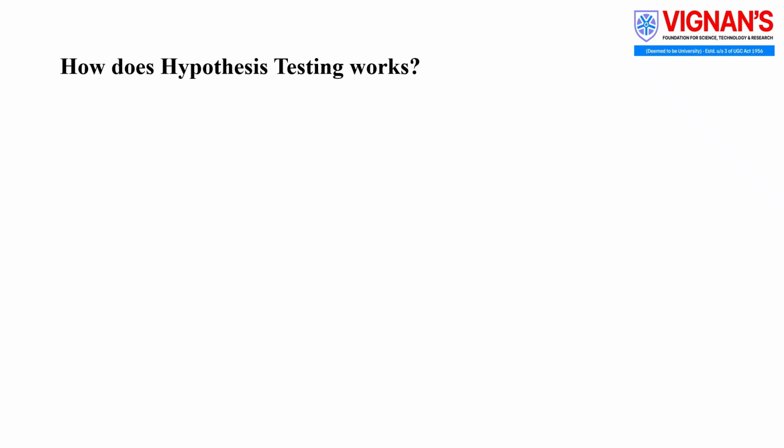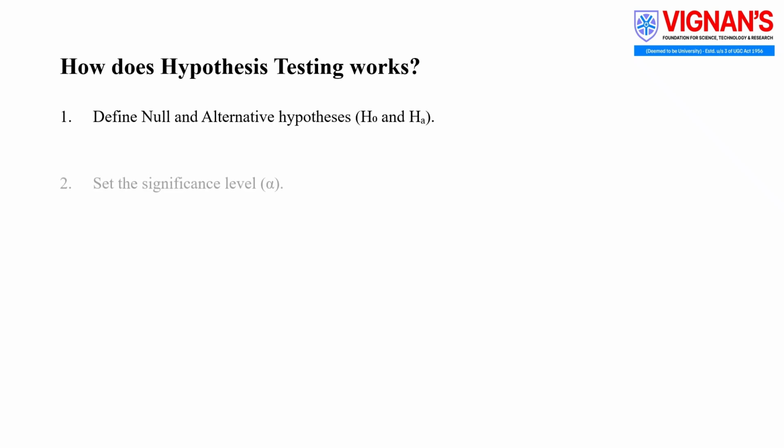Step 1. Define the null hypothesis, H0, and the alternative hypothesis, HA. The null hypothesis represents no effect or no difference, while the alternative represents the claim we want to test. Step 2. Set the significance level, alpha.